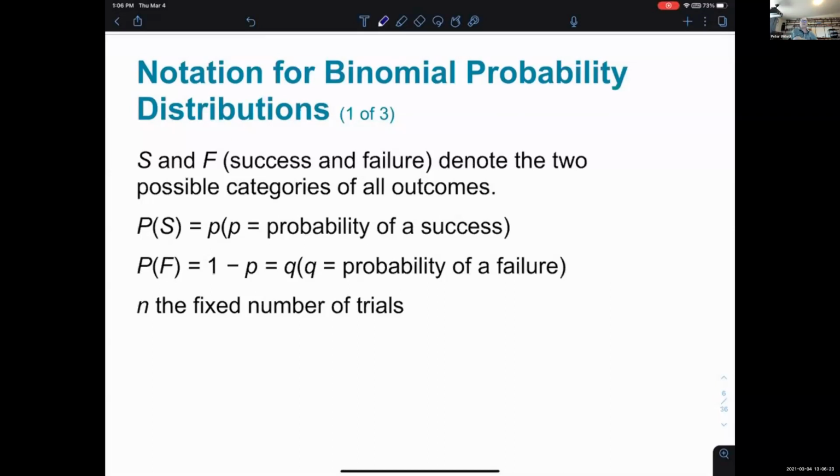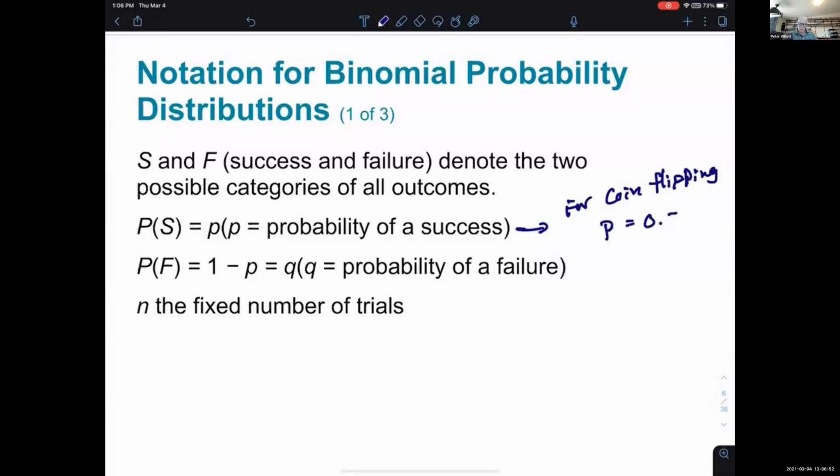S and F, success and failure, denote the two possible categories for all outcomes. So P of S will be the probability of success. For the coin example, for coin flipping, P equals 0.50 because the chance of getting heads is 50%.